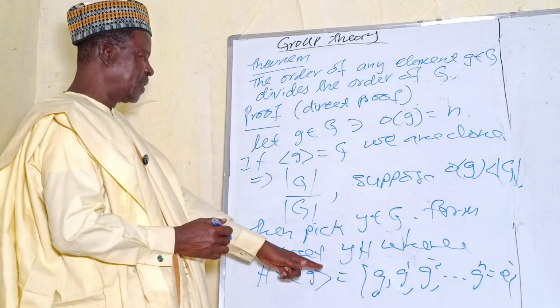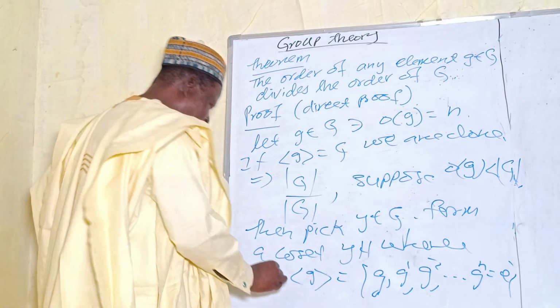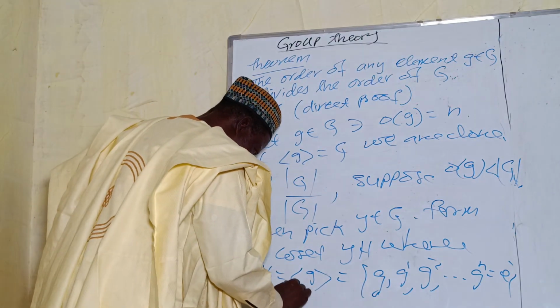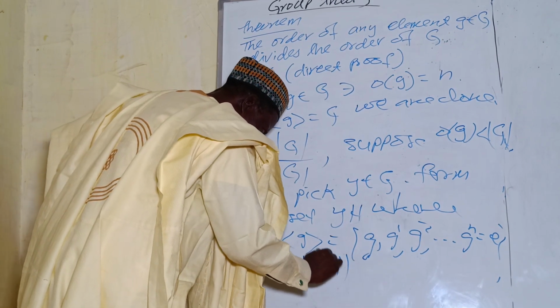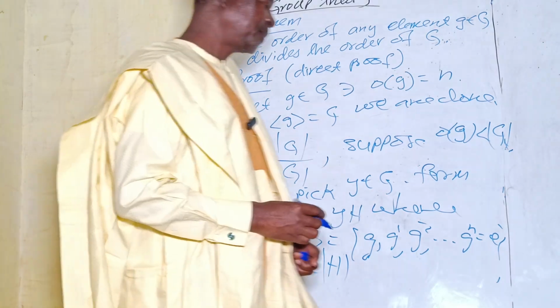It generates a subgroup like this, okay? Then yH, the order of yH is the same as the order of H.